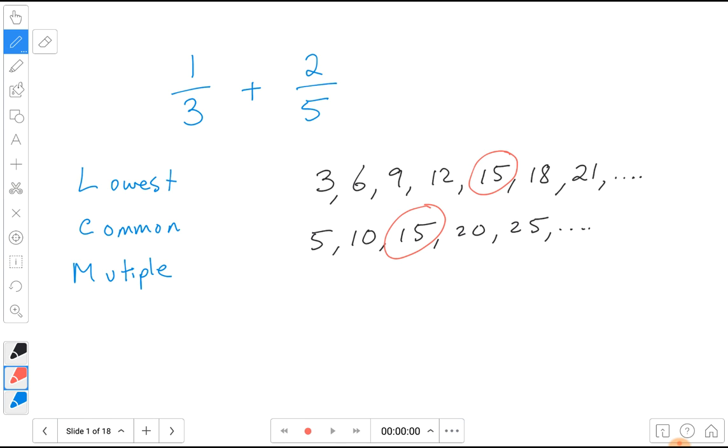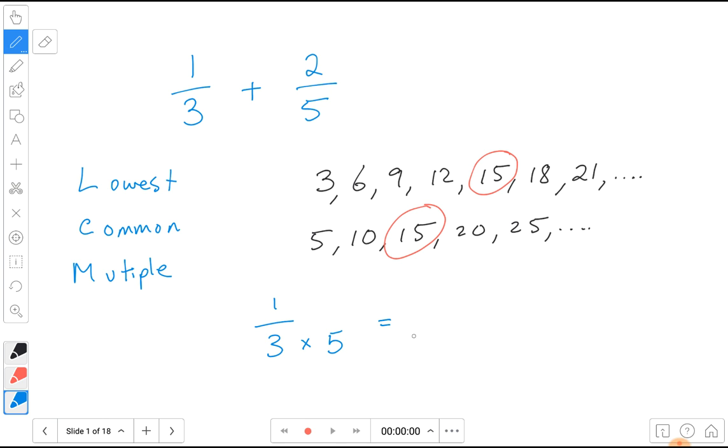So I'm going to make my denominator for both of these numbers 15. I'm going to rewrite 1/3 as something over 15, and 2/5 as something over 15. For 1/3, what do I need to multiply 3 by to get 15? That's 5.